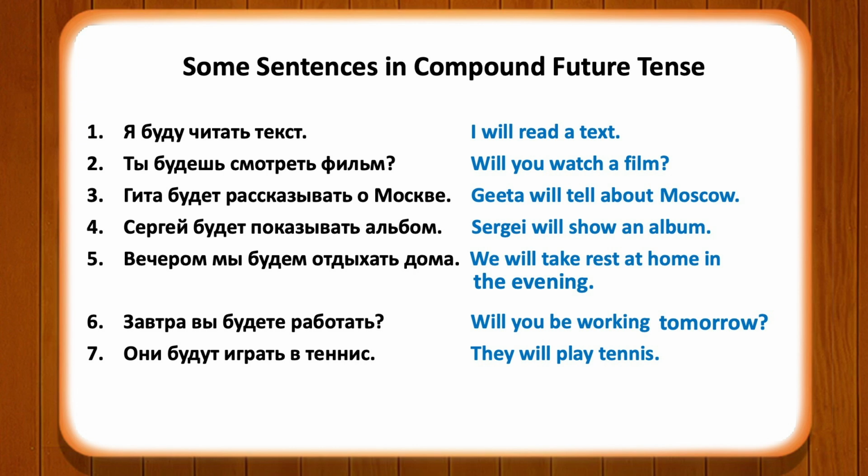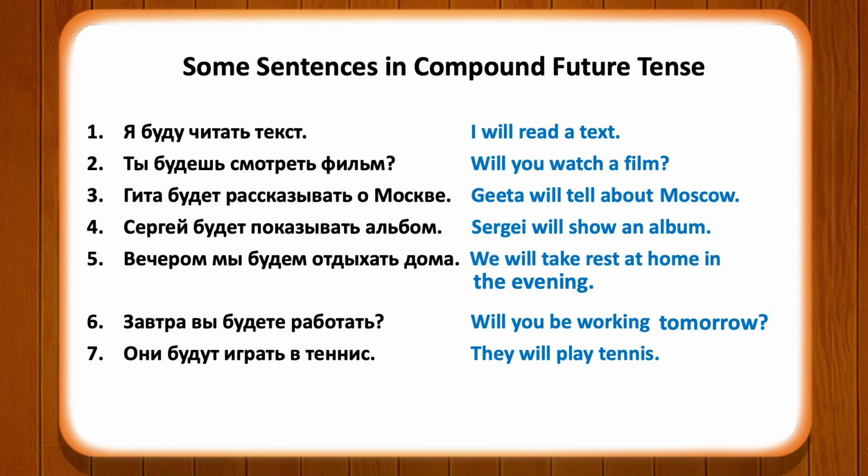In the next sentence, the verb показывать is being used. Показывать means to show. The verb показывать is being used in future tense. Сергей будет показывать альбом. Альбом means album. So to show an album, показывать альбом.